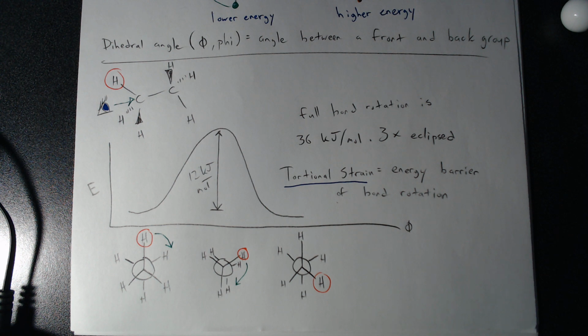If you think about the word torsional, torque, you guys know what torque is? That's when you're turning something. So it's the same kind of thing here. Instead of torque, we just say torsional strain.